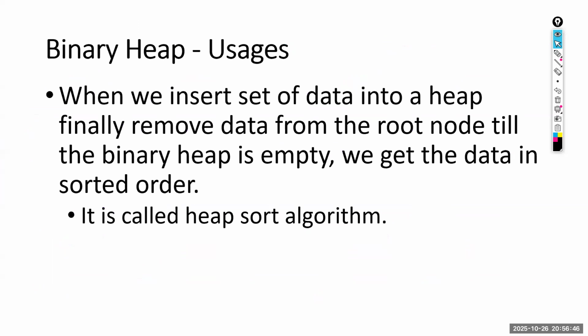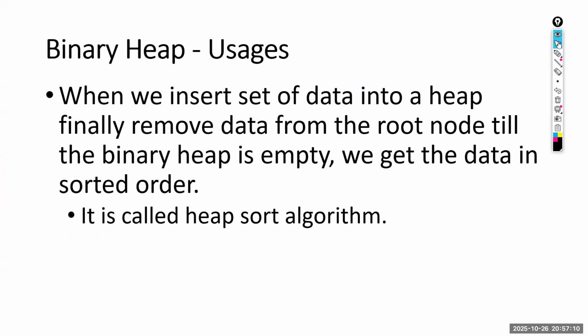So that is how binary heap works. You just keep inserting your data to be sorted and then keep taking from your root, so the result is you have given the data in sorted order.